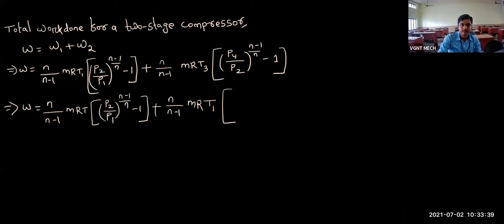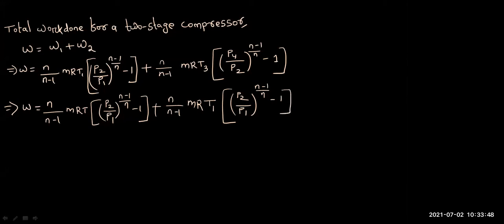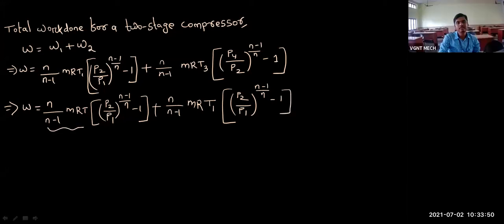So in place of P4 by P2, I will write P2 by P1 whole to the power n minus 1 by n. So you can see both these terms are equal. This term is equal to this term.